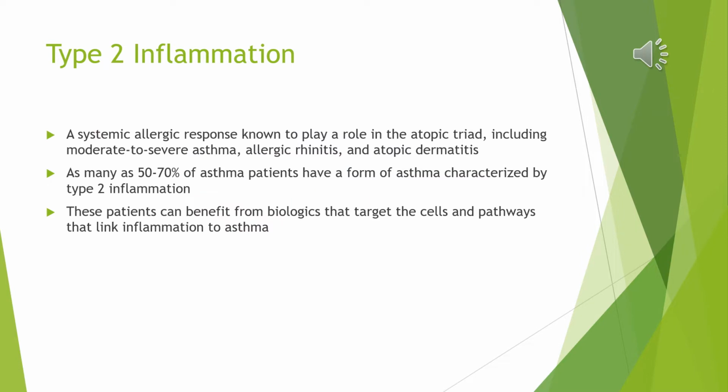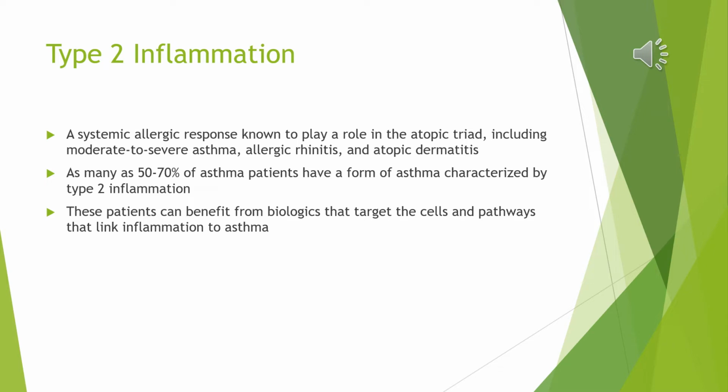In addition to the triggers shown in the previous slide, there is also another cause of asthma called type 2 inflammation. This is a systemic allergic response known to play a role in the atopic triad, which includes asthma, allergic rhinitis, and atopic dermatitis.